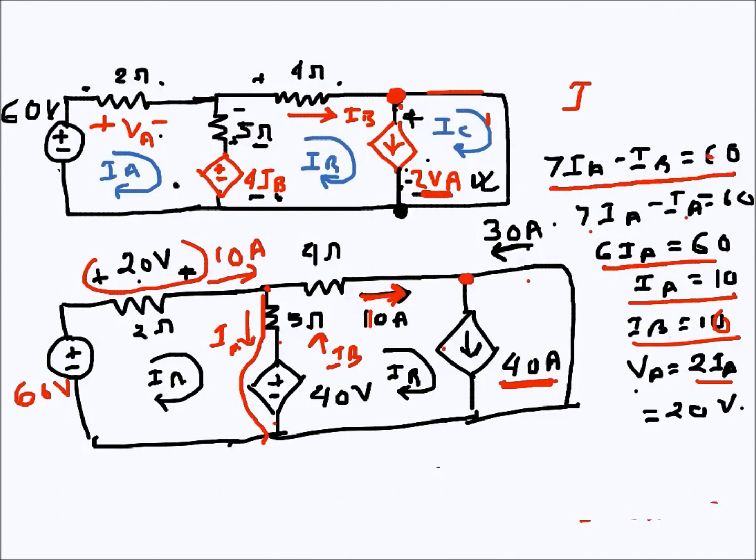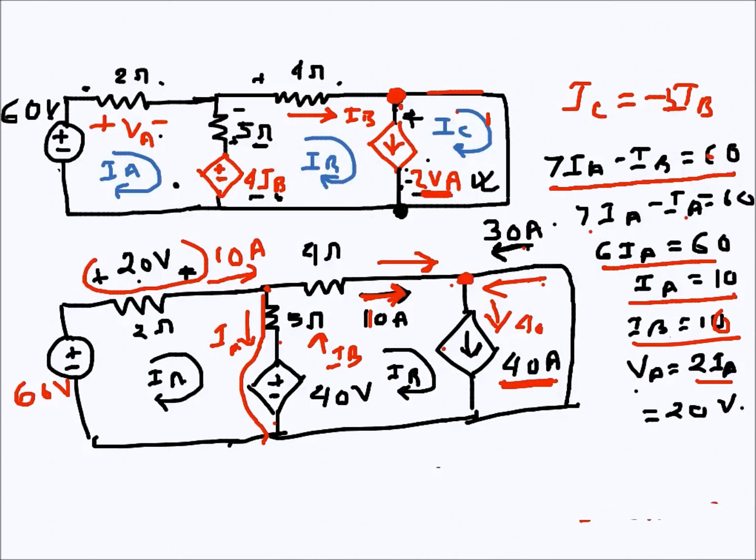IC is actually negative of 3IB, so that's 30 here, and since it's negative, IC was originally downwards or clockwise, it will actually be counterclockwise, so it will go towards this node like that. So this is 30, this is 10 here. When we add up, 40 amperes is going down. So it's satisfied, everything looks fine.